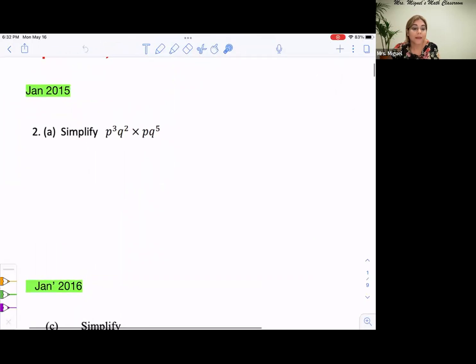Simplify. P to the power 3 q squared multiplied by p q to the power 5. Now we're going to do the long method and we are going to do the short method as well. P to the power 3 means that we multiply p 3 times. Q to the power 2, we multiply q 2 times.